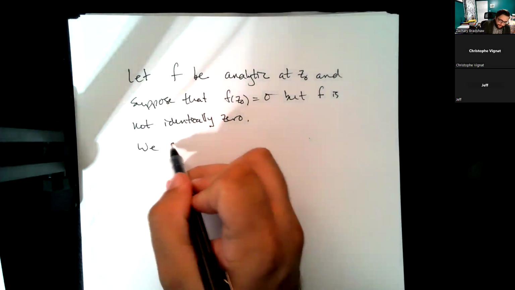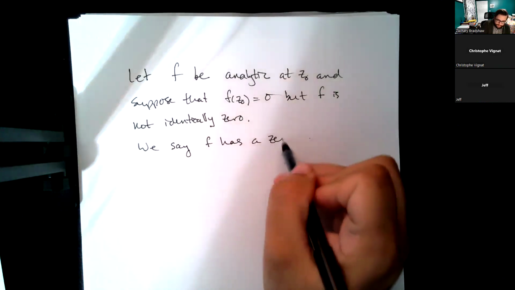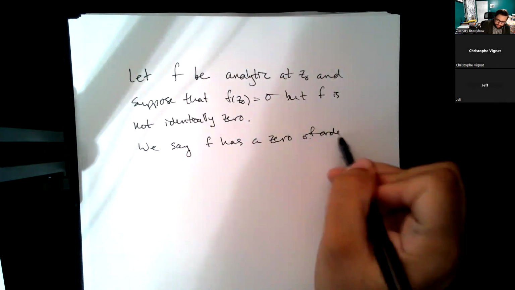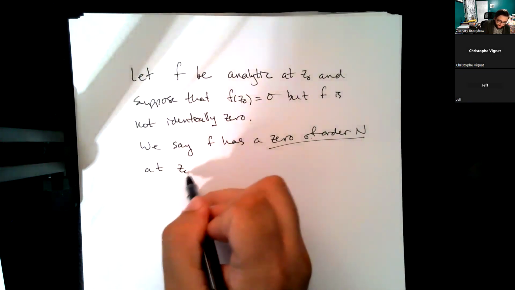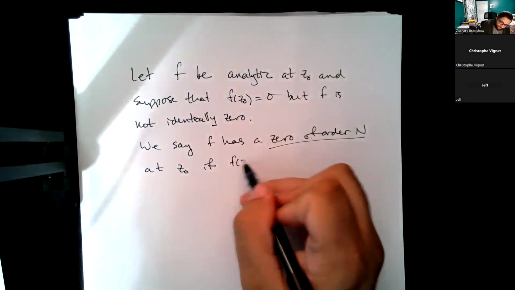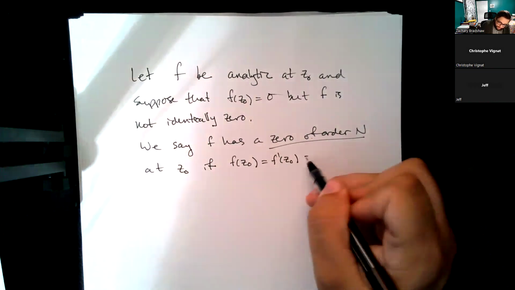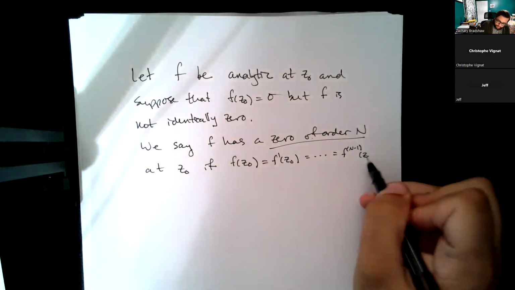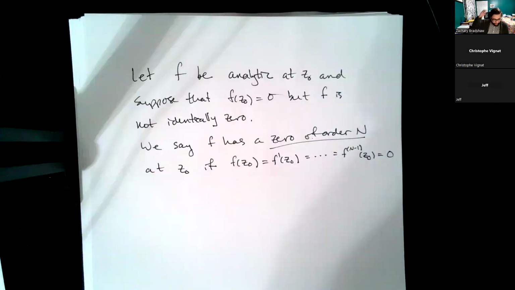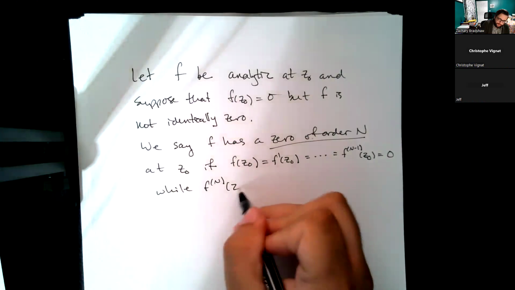We say f has a 0 of order n at z0 if f of z0, f prime of z0, and so on all the way up to the (n minus 1)th derivative are all equal to 0 at z0, while the nth derivative at z0 is non-zero.